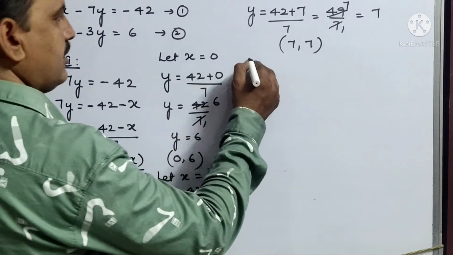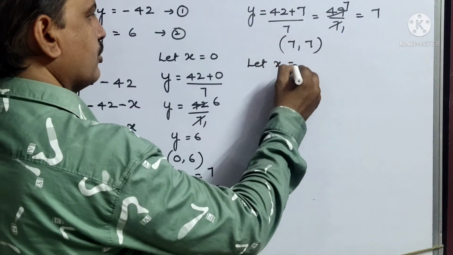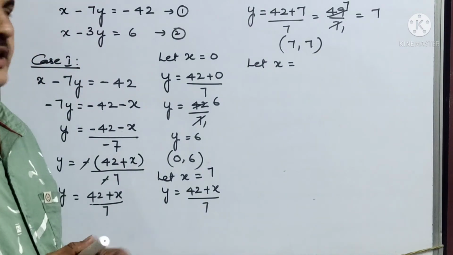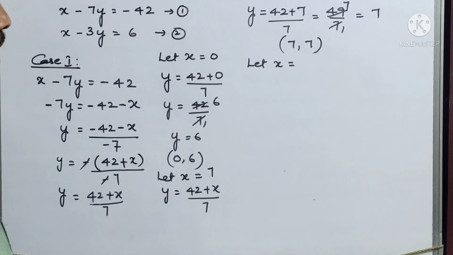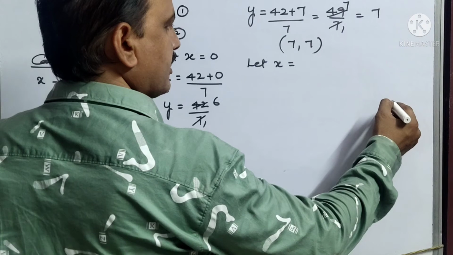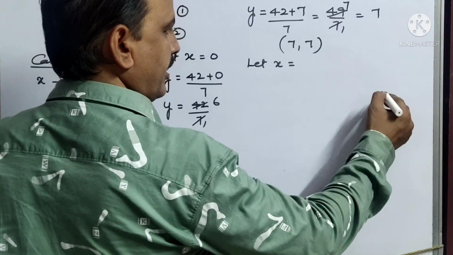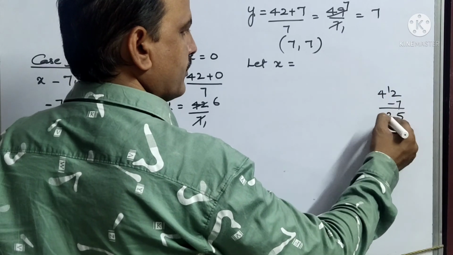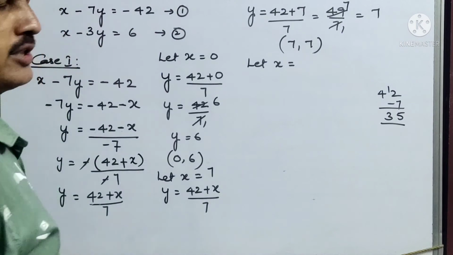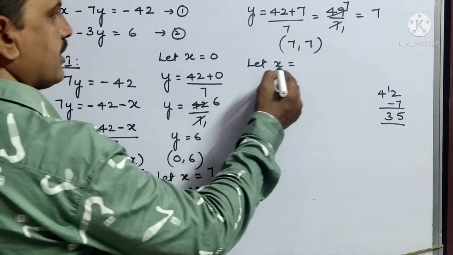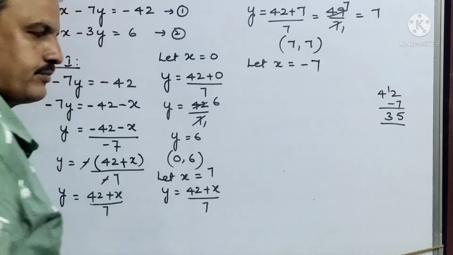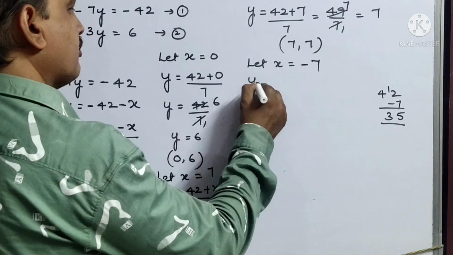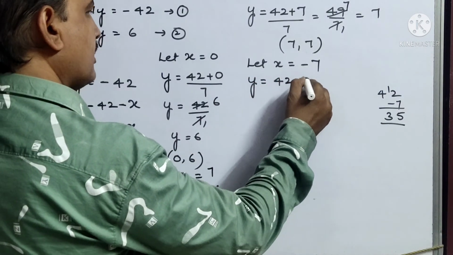Next, let x equals to, if you want you can take even negative also. Negative numbers also you can take it. Okay, you will see, suppose if I take minus 7. Minus 7 if I take, that means 42 minus 7. 12 minus 7 is 5, that is 3. So 35. So in 7 table 35 will come, right? So I can take x equals to minus 7. That means y equals to 42 plus x by 7.